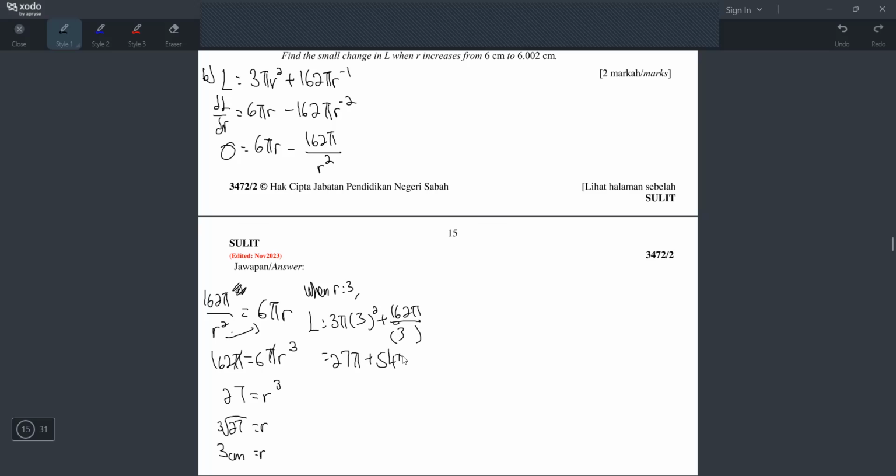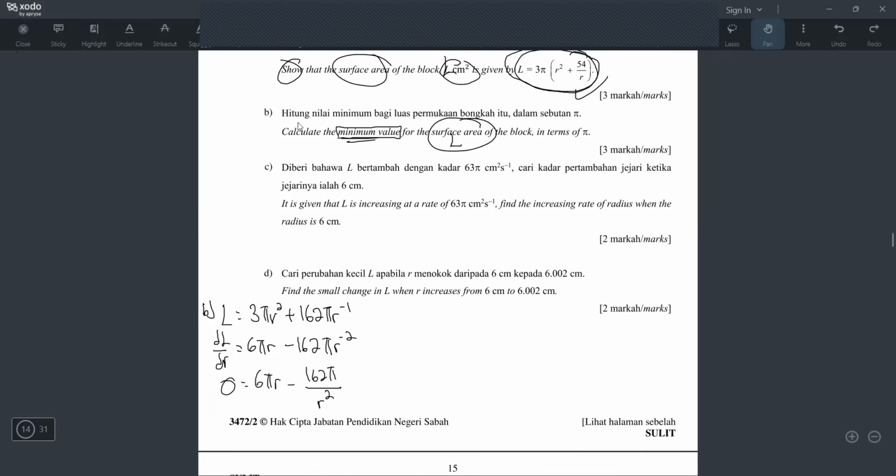And then what is 54 pi plus 27 pi? You press calculator, 54 plus 27. So what do you get? 81, right? 81. And I think you have to write the pi also, right? So this is the answer. Okay, this one I think you have to write cm square, because it's surface area. So just put bracket cm square. Okay, this is how you do B, right? So in terms of pi, 3 marks.